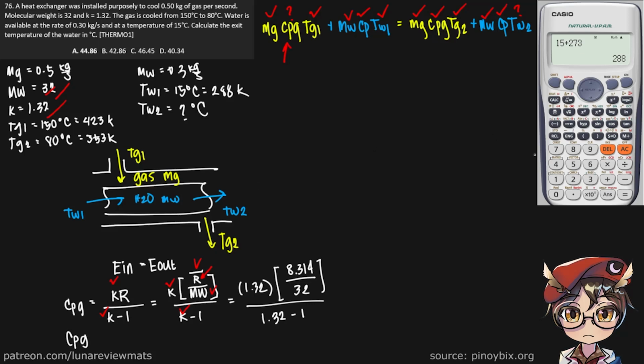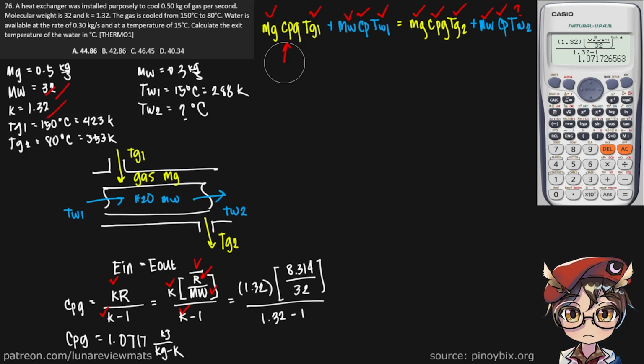Let's see what we get here. And we get a specific heat of 1.0717 kilojoules per kilogram Kelvin.